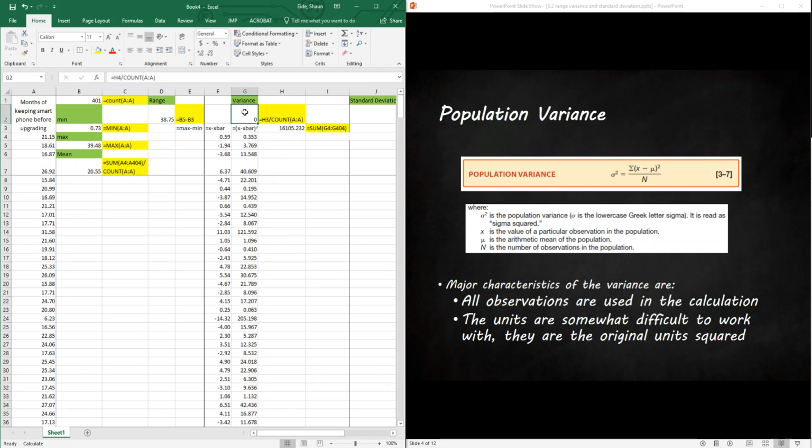You're adding up all of the observations' squared distances from the mean. Now we're going to do equals the sum of all of those divided by the total number of observations, which is 40.16267, and that right there is the population variance.